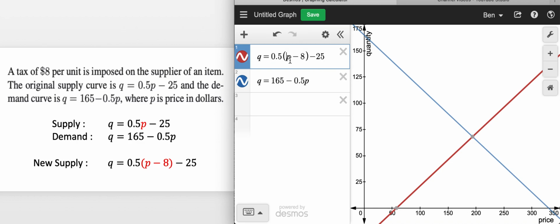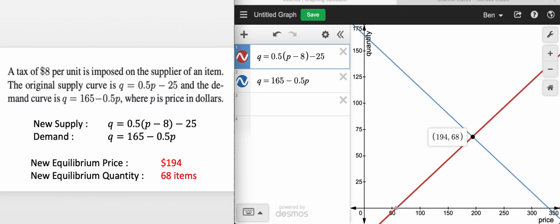And so here's my new supply curve. Here's my demand function. And so if I check the point of intersection, now I have a point of intersection of 194 and 68, where 194 represents the new equilibrium price and 68 represents the new equilibrium quantity.